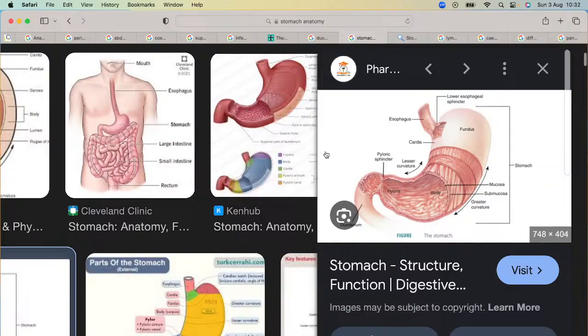Okay, so in terms of relations, the anterior wall faces the diaphragm, the liver, and the anterior abdominal wall. For the posterior wall of the stomach, we have the diaphragm, left kidney, left suprarenal gland, we have the pancreas, the spleen, and the transverse mesocolon.